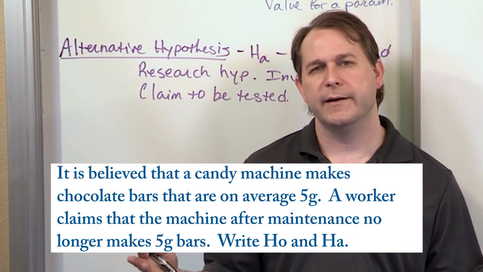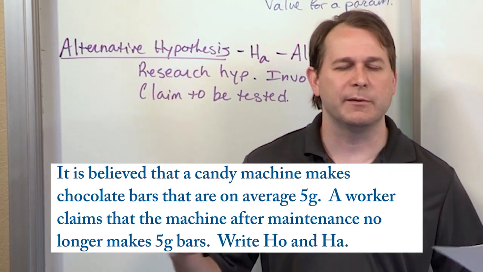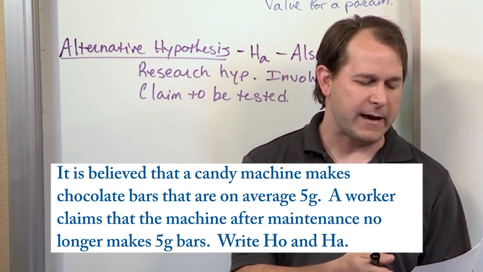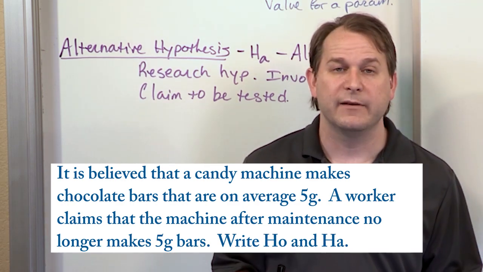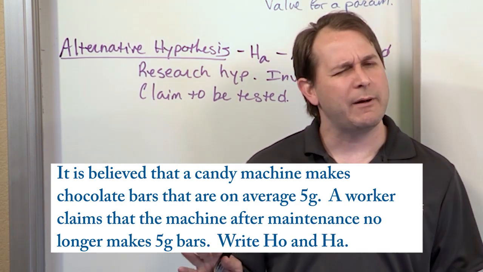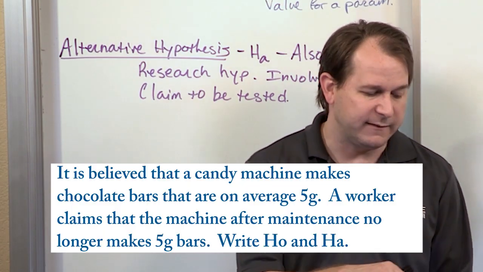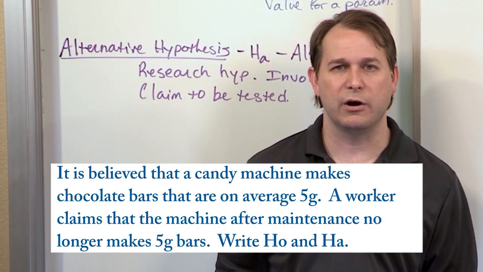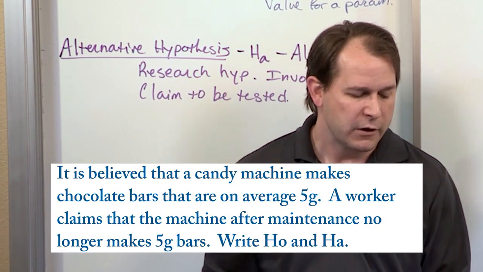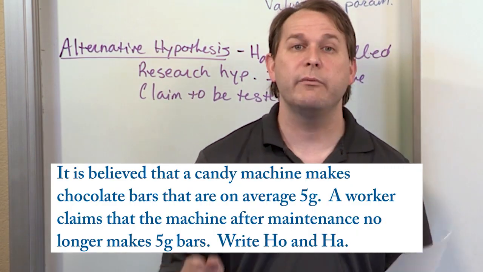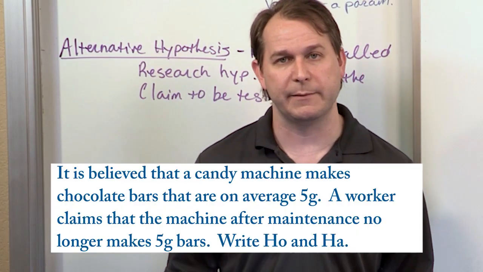So here you have a manufacturing plant's been making chocolate bars for 10 years, right? They all come out, we believe, to be an average of 5 grams. But then some new worker is saying, wait, we've done maintenance on this, it doesn't seem to be behaving. I think that this machine is no longer making chocolate bars that are an average of 5 grams.